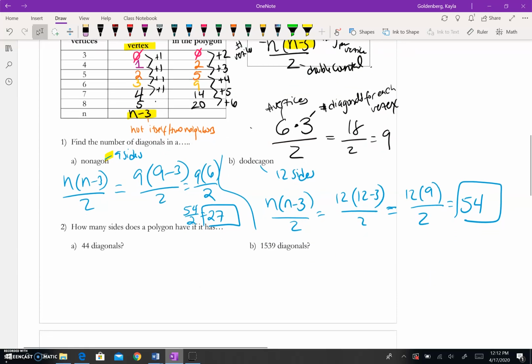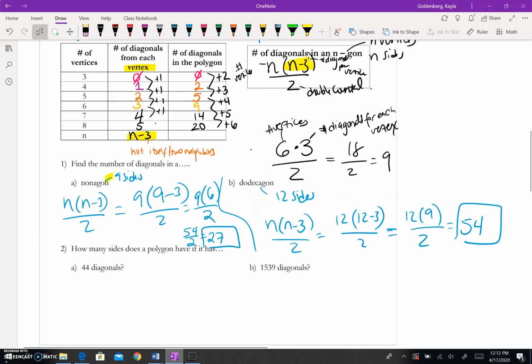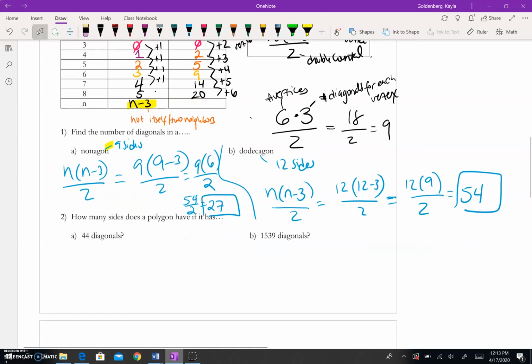And then these last two are a little bit more interesting. They kind of ask you to go backwards. So if I say that you know it has 44 diagonals, right, that means n times n-3 over 2 has to equal 44. At this point, I say, okay, I have to backtrack and figure out what n is. So I do times 2. So I have n times n-3 equals 88.